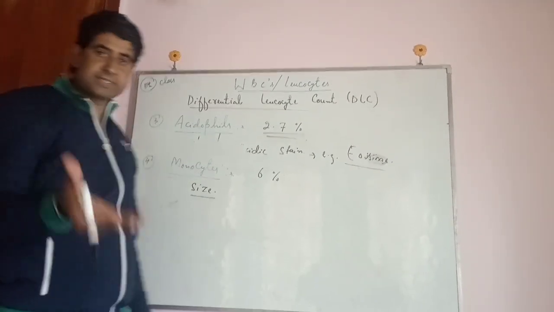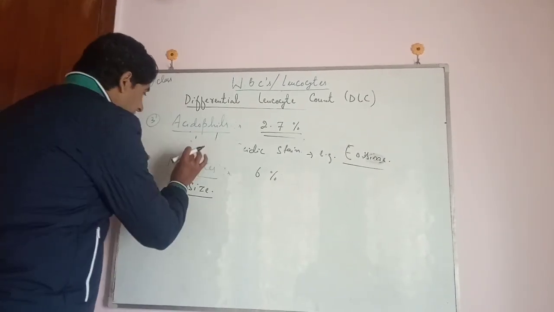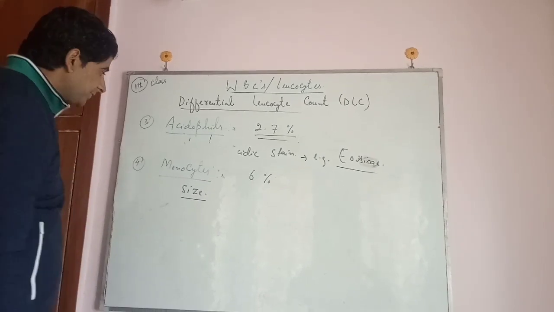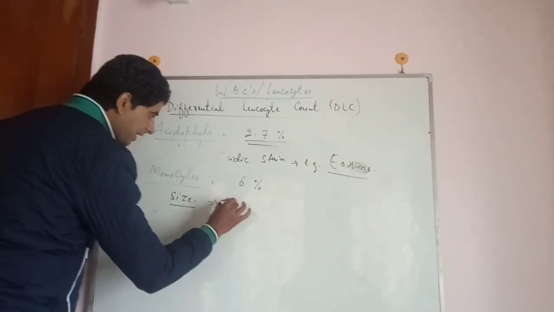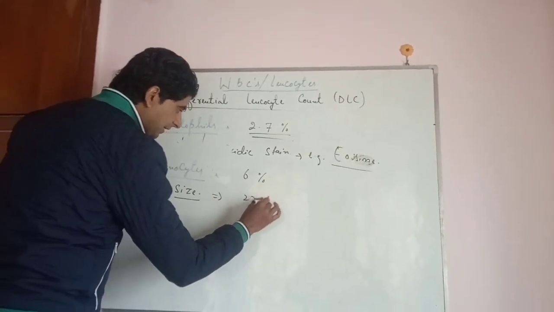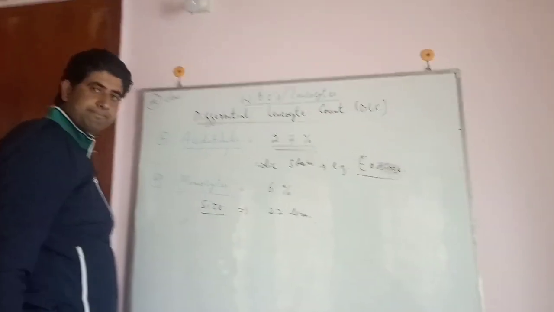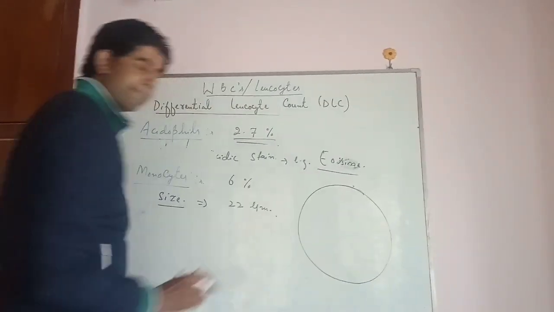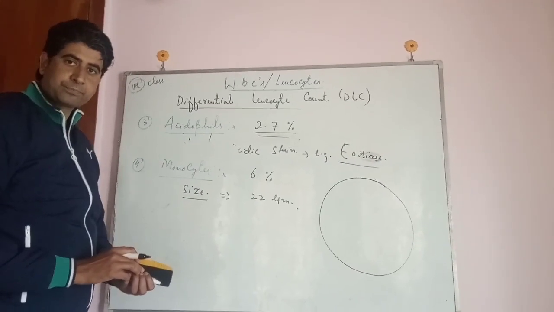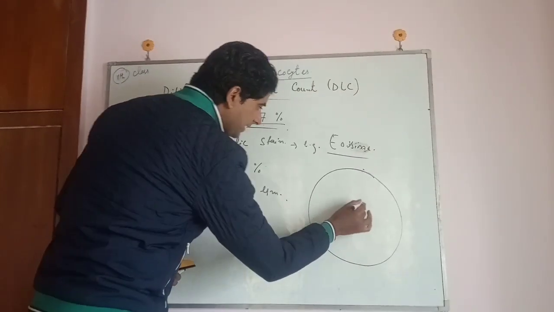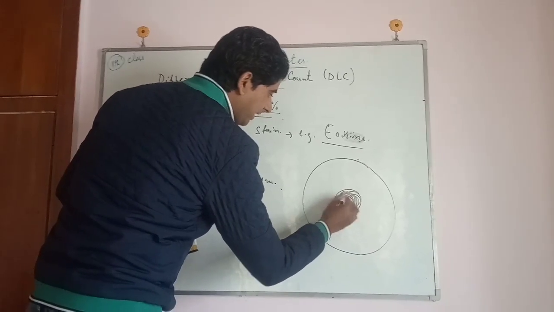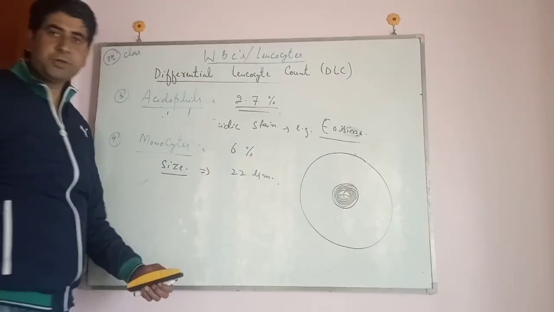In other words, we can say the monocytes are the largest WBCs, because their size is near about 22 micrometer in their diameter. However, their nucleus is entire, not lobed, because they fall under the agranulocytes.